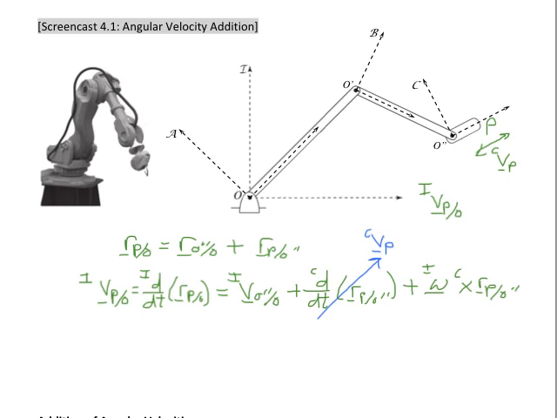So let's think practically here. The reason why we use this transport equation for these two terms is because we've just said that we're observing the velocity of P with respect to O double prime in the C frame. Now think for a moment how we would actually make that observation in reality if we had this robot arm.